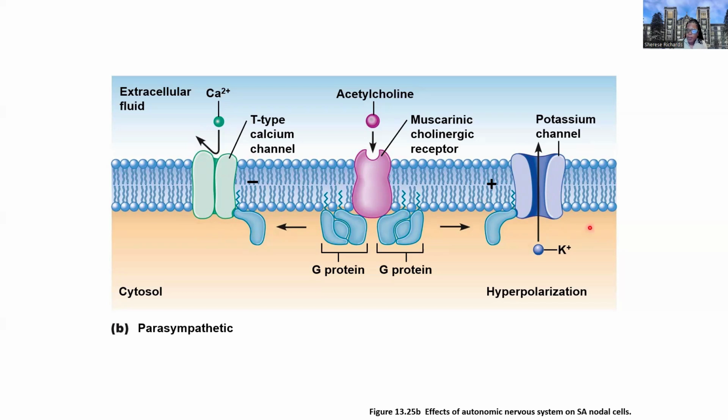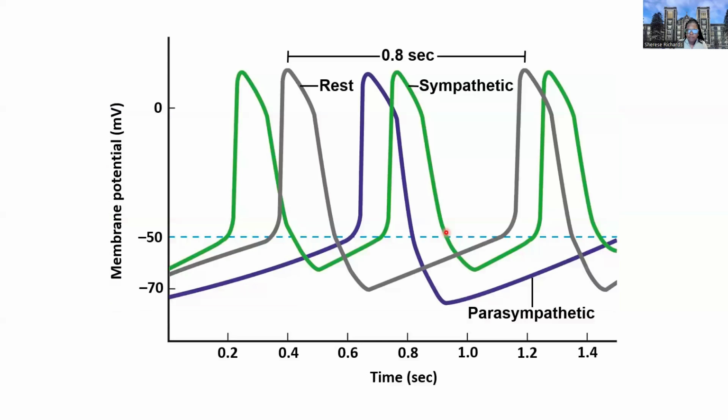Two is opening up potassium channels, and because of the electrochemical driving force of potassium leaving the cell, we're also going to make it hard to depolarize, or hyperpolarize. So both of these result in a slowed threshold to fire an action potential, and so that will decrease the heart rate.